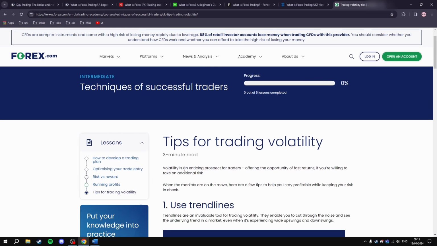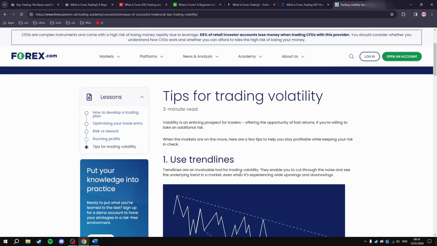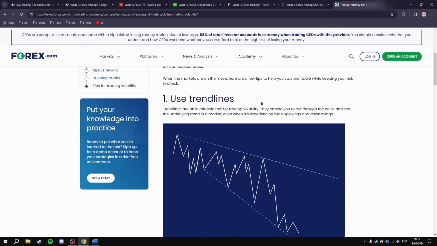Tips for trading volatility. Volatility is an enticing prospect for traders, offering the opportunity of fast returns if you're willing to take an additional risk. When the markets are on the move, here are a few tips to help you stay profitable while keeping your risk in check. Use trend lines. Trend lines are an invaluable tool for trading volatility.